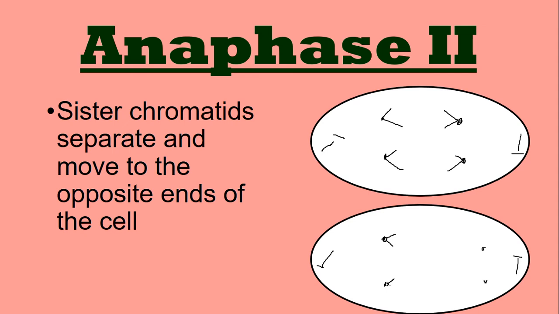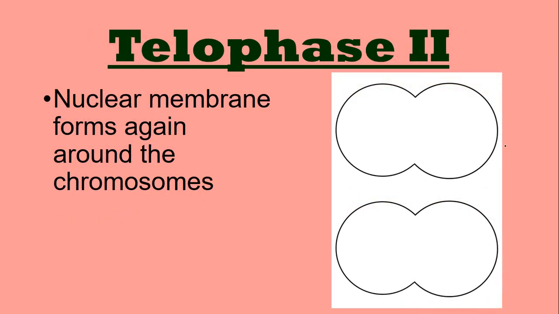There's a lot of chroma words in cell division, as you can tell. And here and here and here and here. So here's anaphase 2. In telophase 2, the nuclear membrane starts to form around each of the chromosomes.